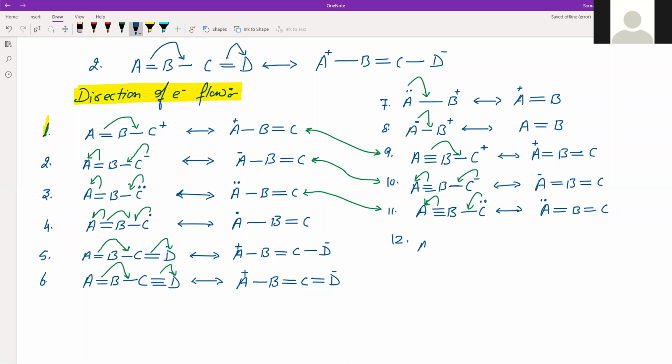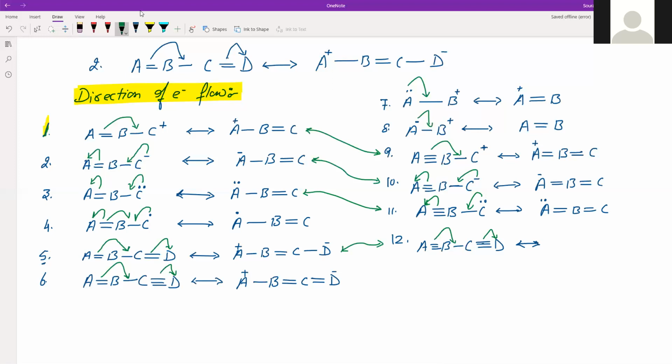Next, suppose we have A triple bond B single bond C, and this case here in this fifth and sixth case, right? So then let there be a triple bond D. So now again this and this, if you want to connect these, we are talking about this.